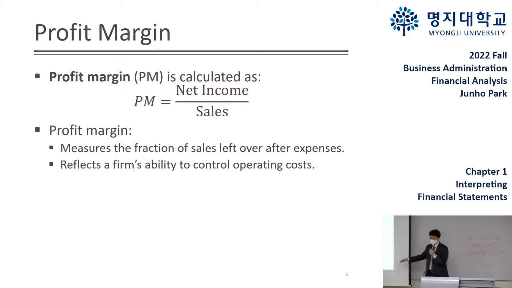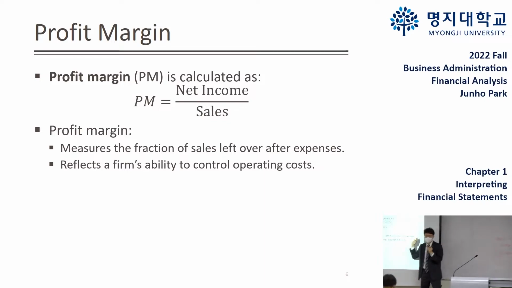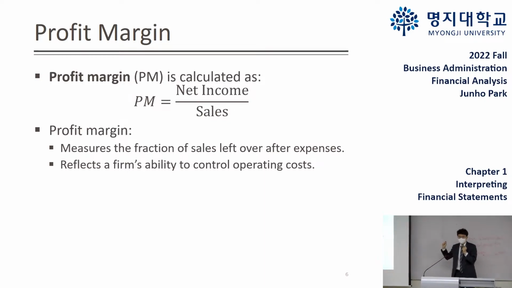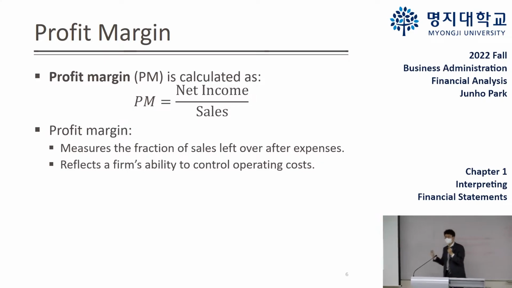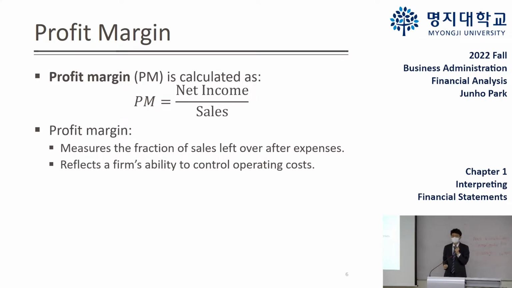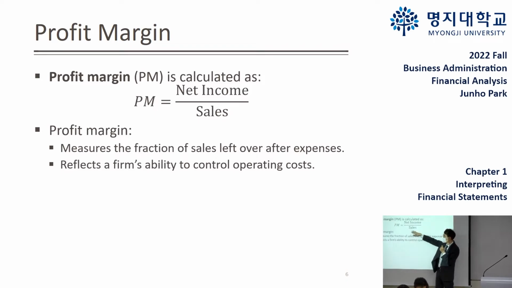So it measures the fractions left over after deducting expenses, and it reflects a firm's ability to minimize the cost or to control operating cost. So, for example, if you have a lot of cost in your operation, then net income will be very, very small compared to the sales, so that you get a profit margin of a lower number.